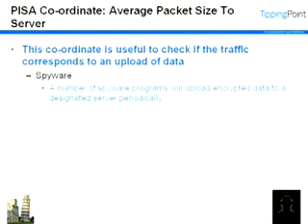And then the next one is the average packet size to server. And everything I said just then for the client makes sense for this as well, except that we're looking at it in the other direction. And something that's really interesting is we're working on ways to identify which one we think is actually the client or the server by looking at the average packet size going in both directions.